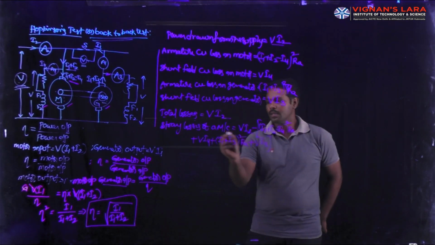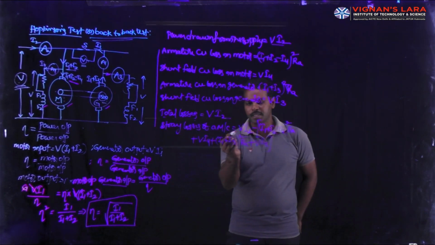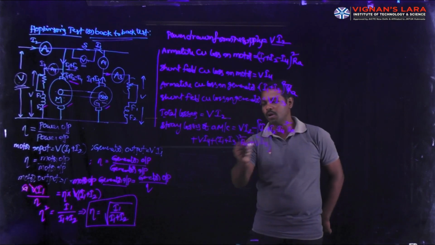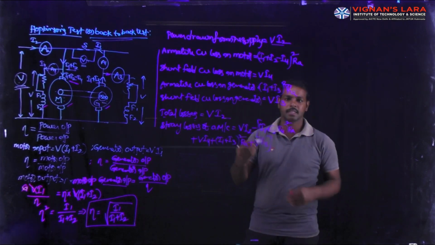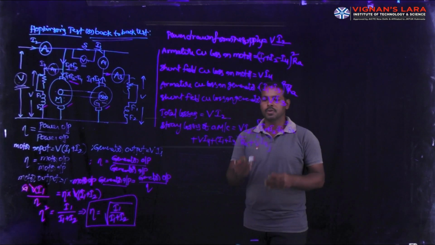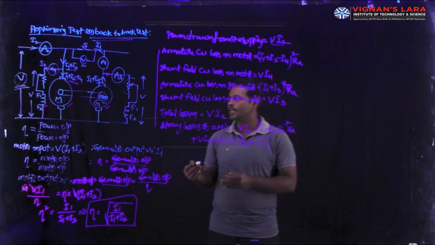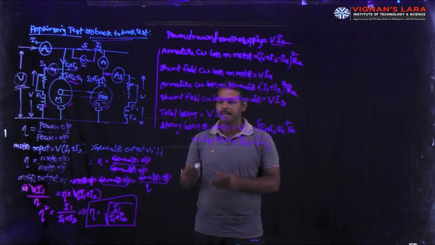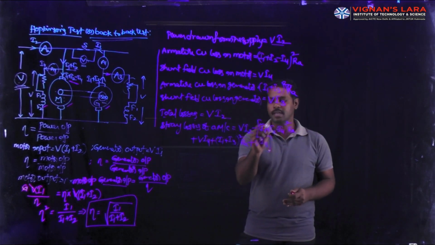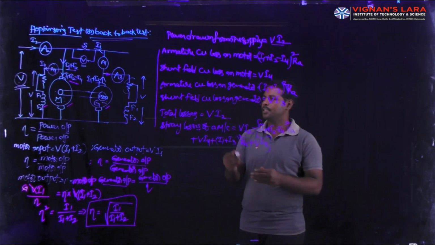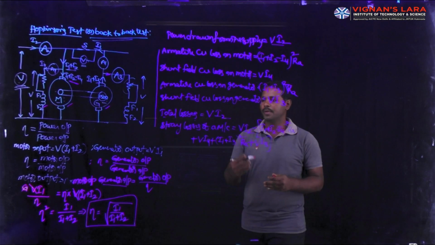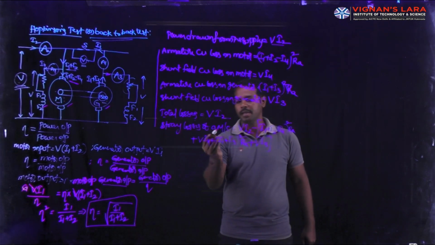So the stray losses of a machine are equal to VI2 minus the total armature losses as well as shunt field copper losses. We subtract the copper losses and shunt field losses from the power drawn from the supply, and then we get the stray losses of the machine.